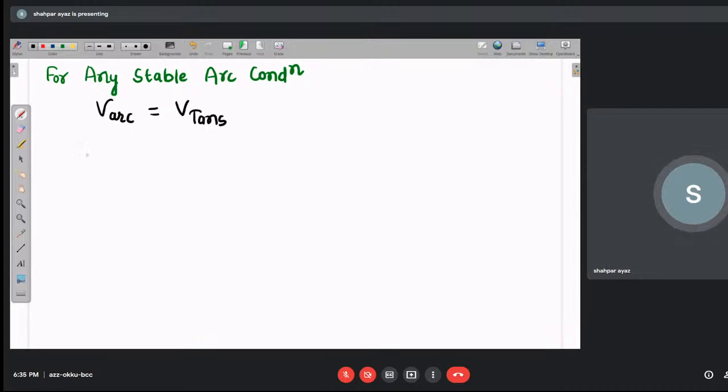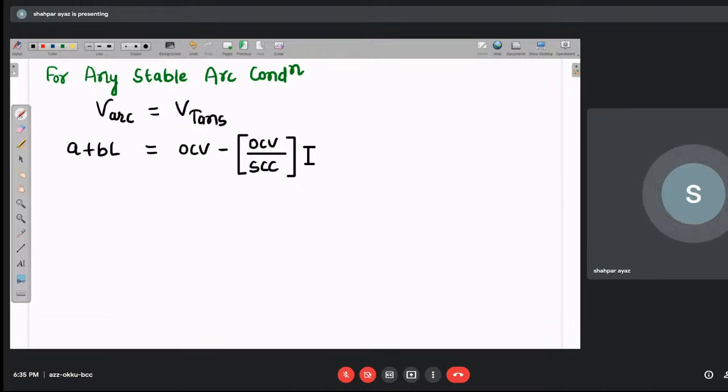Arc voltage is your A plus Bn, and transformer voltage is your OCV minus OCV by SCC into I, right? A plus Bn equals OCV minus OCV by SCC into I for a stable arc.